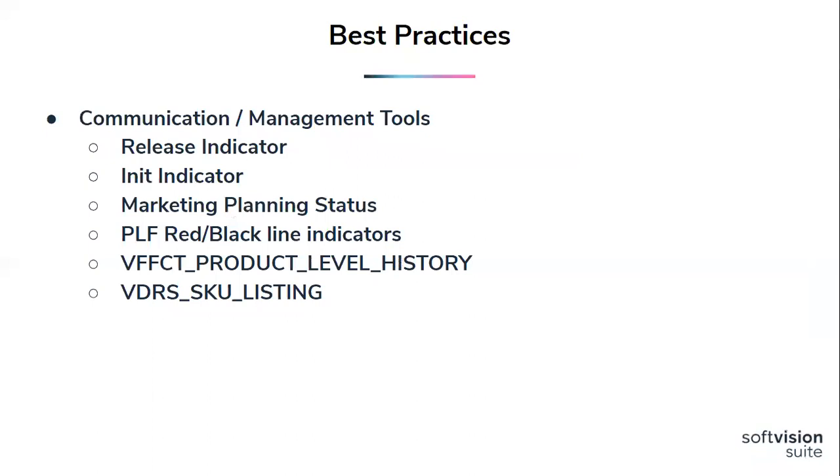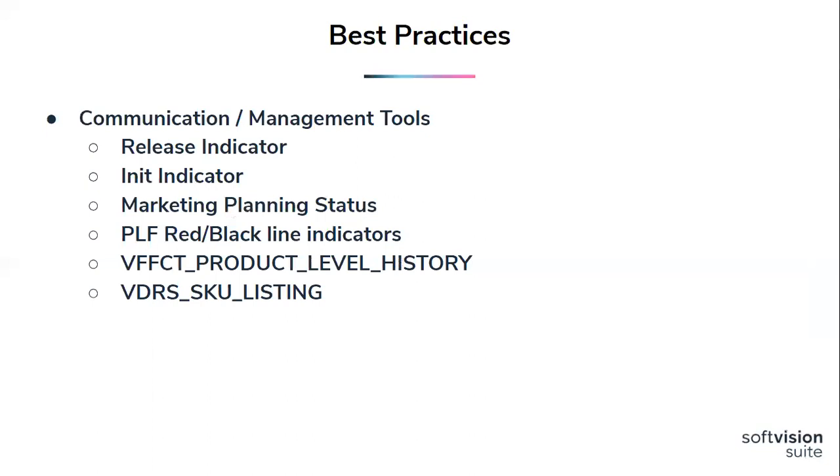Tools that we can use to communicate when mix information has been done include the release indicator, which is available in MAPS and in PLF. Once products have been added to an offer and someone has taken the time to forecast it and enter the SKU mix, you can mark it for release, and that will be visible in the PLF screen, and that will release the forecast information to materials planning.